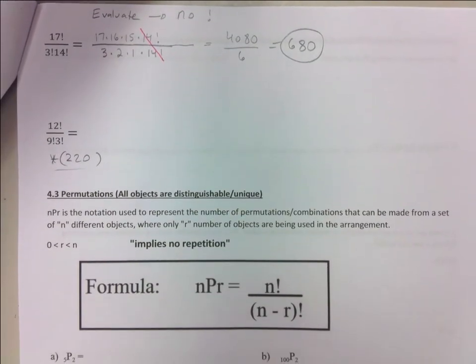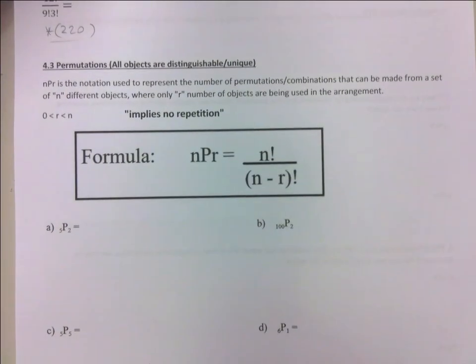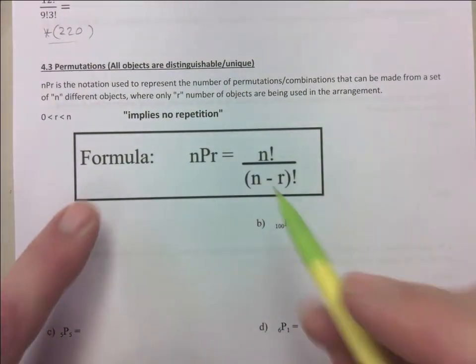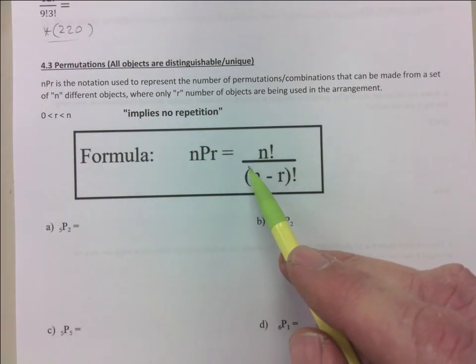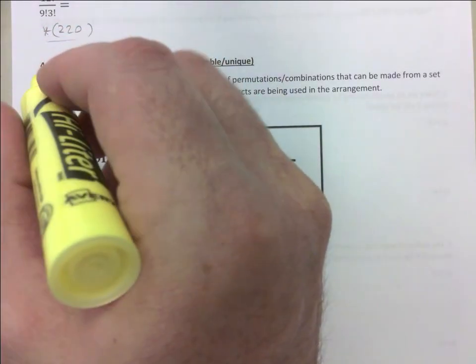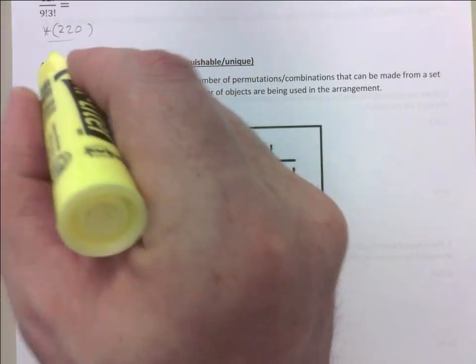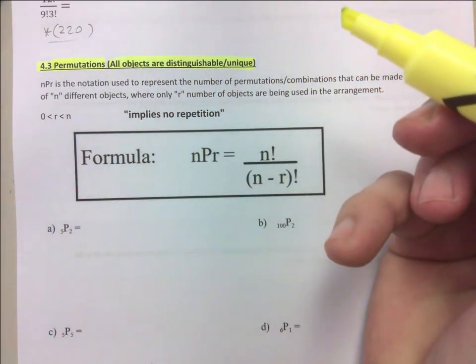Here, this next part right here, I'm going to tell you, you've already done this. You've used this, but you didn't see it. Right now, I'm going to bring it to light. So just so you know, for permutations, highlight that all objects are distinguishable, unique.